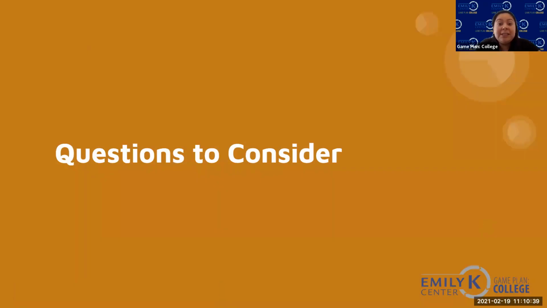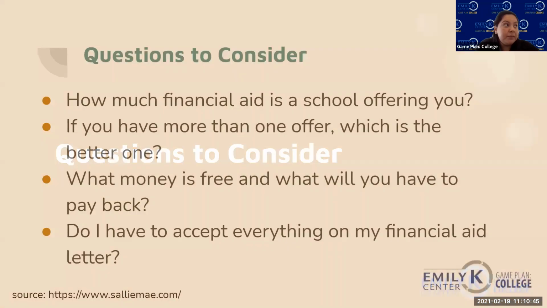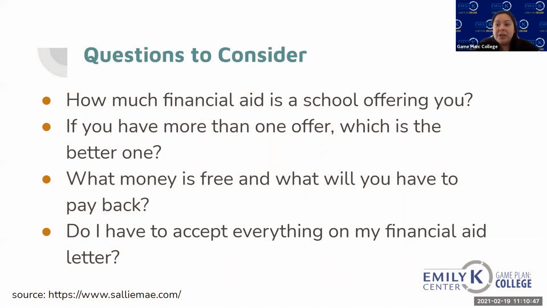So some questions to consider as you are receiving these financial aid packages and as you're looking through them. How much financial aid is a school offering you? And if I am comparing more than one, which one is the better one? Which one is the best financial fit for me? What money is free money, such as grants and scholarships?